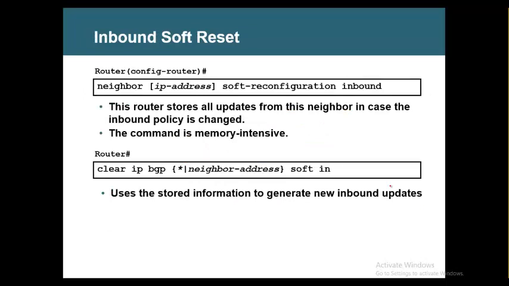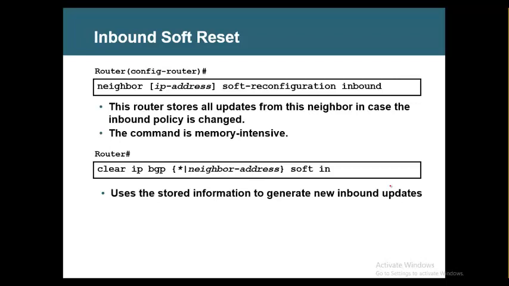This stores all the updates, the soft-reconfiguration inbound command. Again, I showed you this command in the previous class. That is for knowing what has been learned, but it's going to make additional buffer usage, so it is memory intensive.